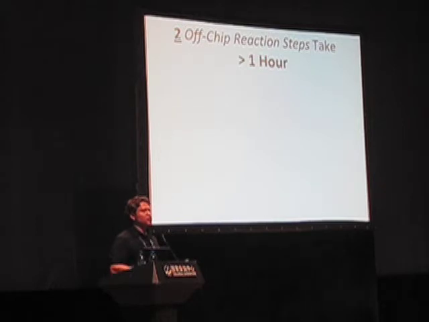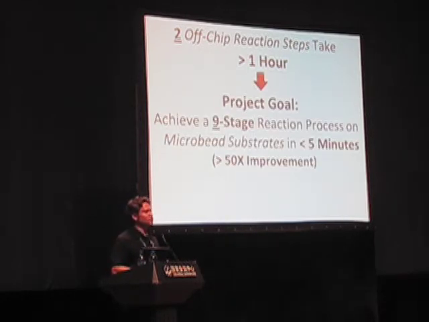And so this really is the goal of this project, to overcome the time and labor associated with this process. In particular, here we're trying to demonstrate a system to achieve a 9-stage reaction process on the surface of microbeads, and to do so in under 5 minutes.